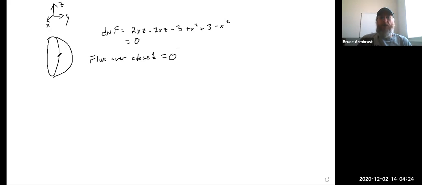You integrate 0 over this region, you get 0. Okay, but the flux over the closed surface is the flux over the hemisphere plus the flux over the disk. So we need to calculate the flux over the disk.